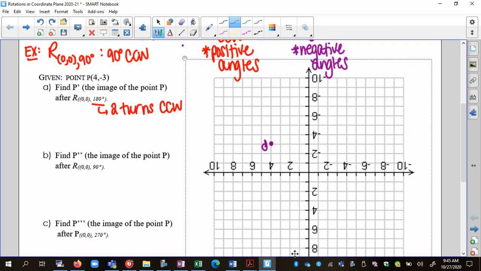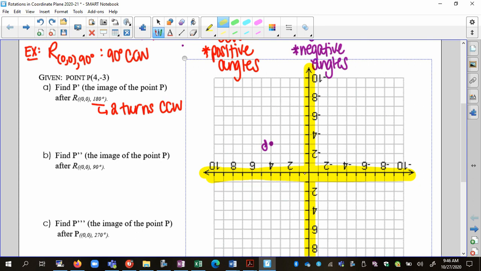So now I pretend that this is my new x-axis. I'm going to erase this, but just so you can see, this is my new x, this is my new y. And what I do is I ignore all these numbers and I pretend, if this is x and this is y, I'm going to count where this point is located. Remember we said it was going to end up in this top left quadrant.